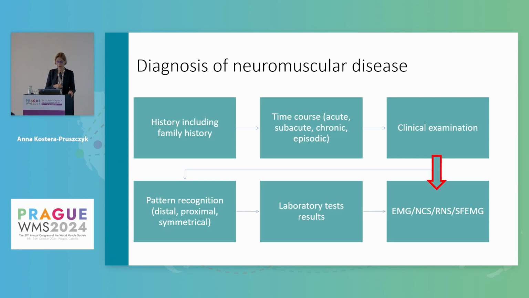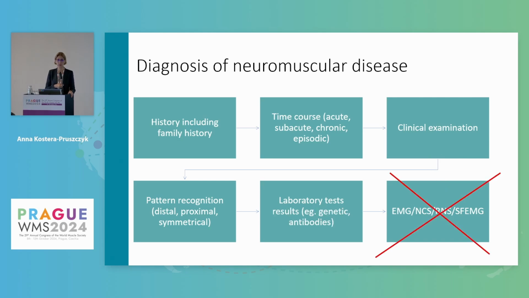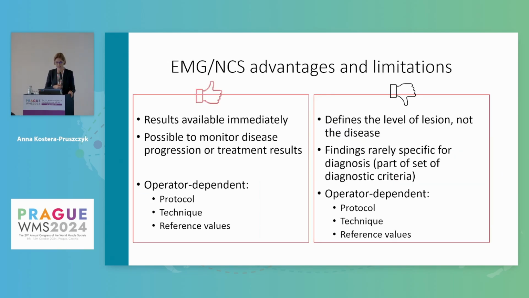More often we will go from clinical to EMG tests, but there will be more and more situations when EMG is no longer necessary, and may even just delay diagnosis.